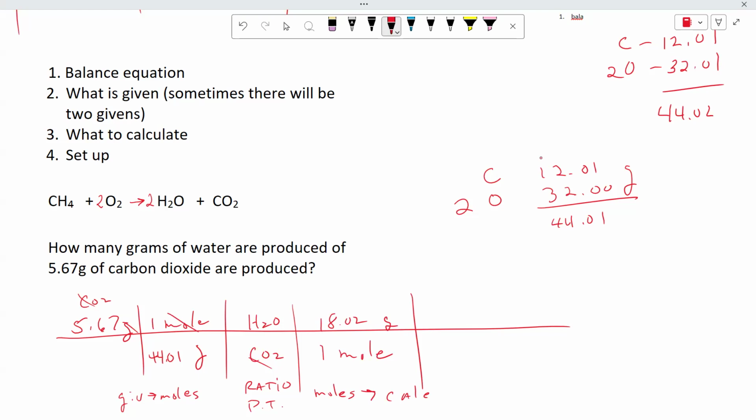Now we need to get this ratio from up here. So it's going to be 2 to 1. Okay, so the moles cancel, leaving us with grams of water. That's what we're trying to calculate.